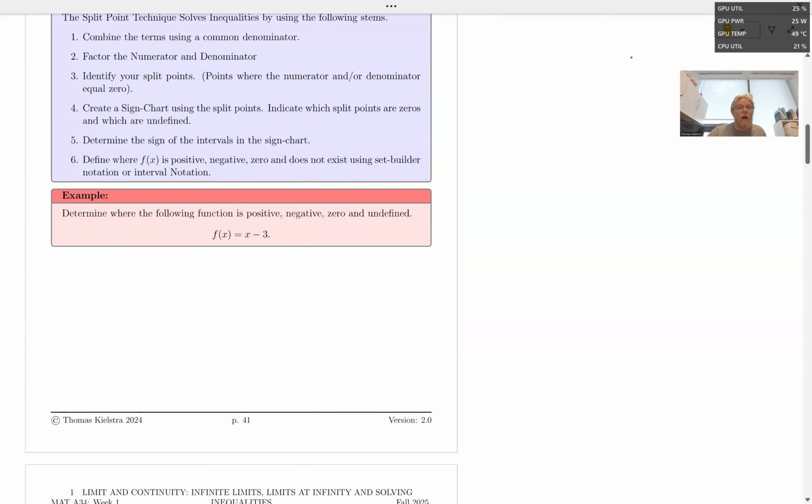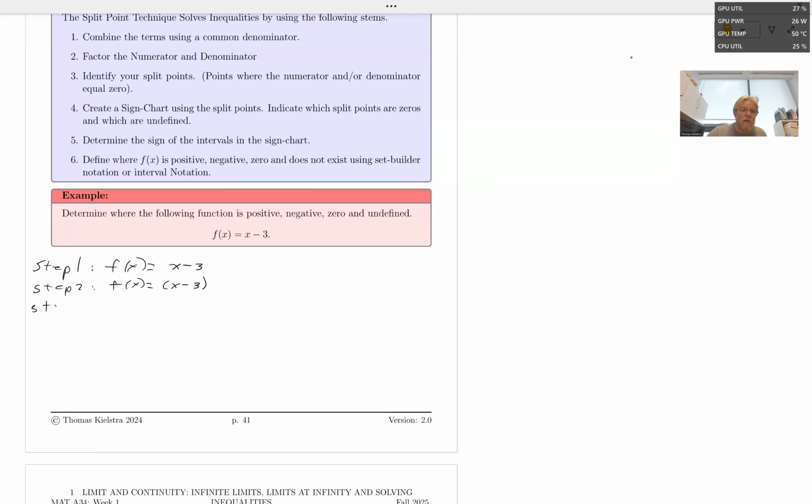Well, here, step 1, I'm done. f of x equals x minus 3. I have a single common denominator. Step 2, factor. f of x equals x minus 3. I have factored it. Awesome.